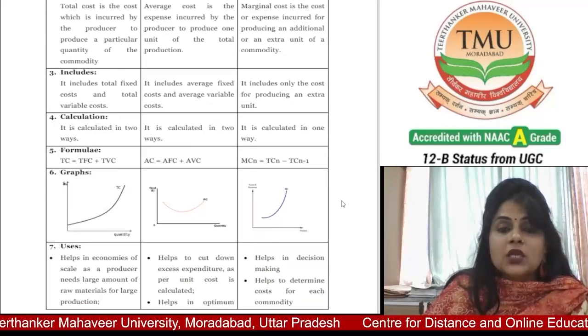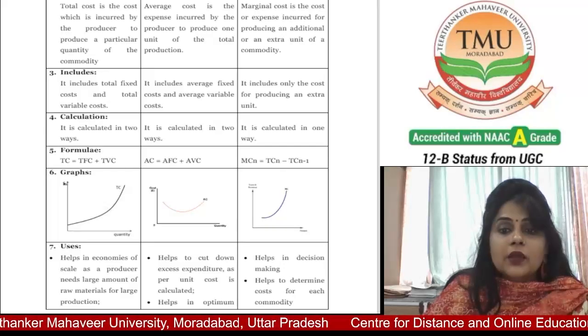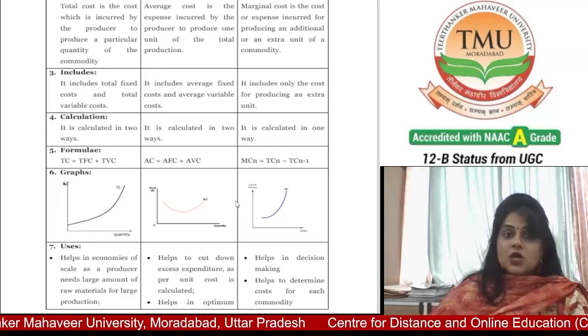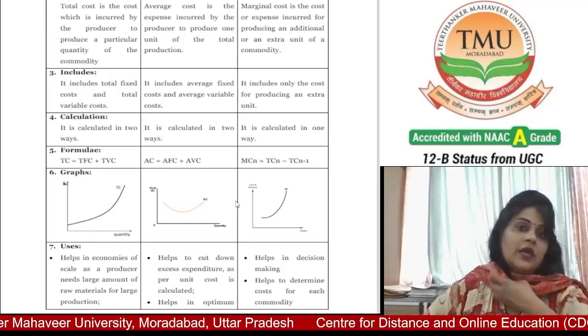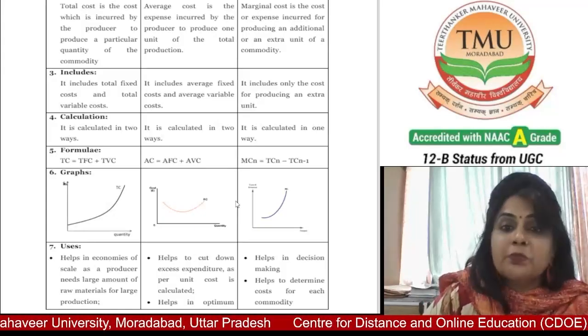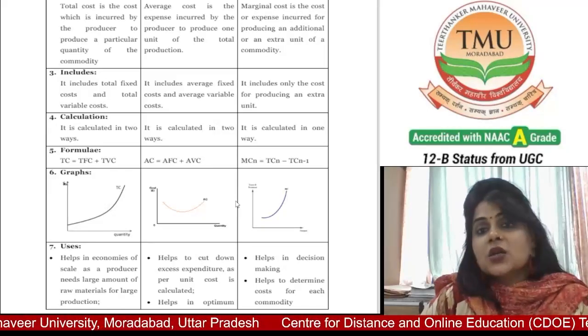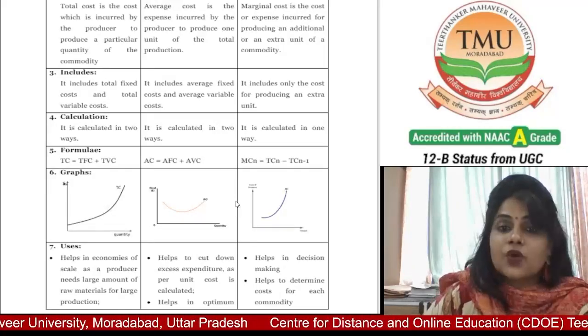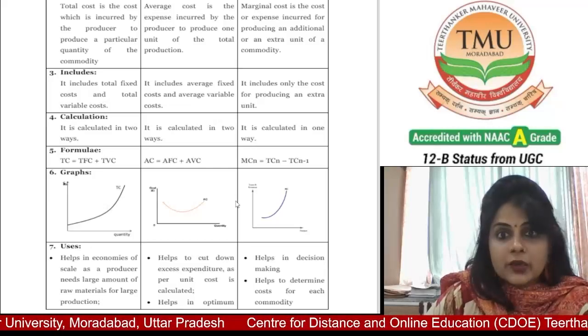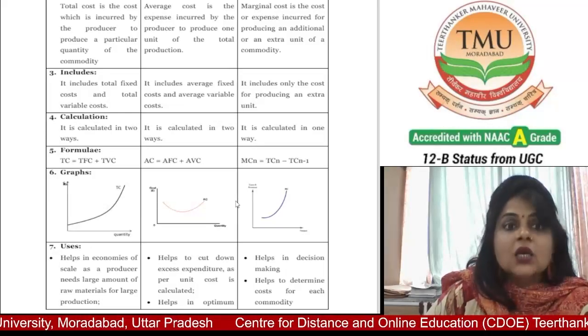Total cost includes total fixed cost and total variable cost, average cost includes average fixed cost and average variable cost, and marginal cost includes only the cost for producing an extra unit. Hope you have understood it well.